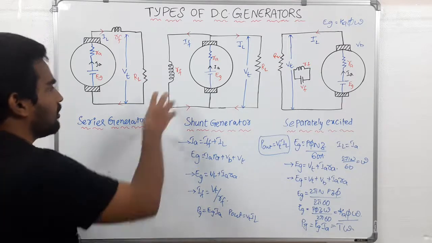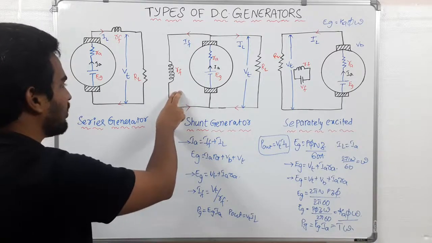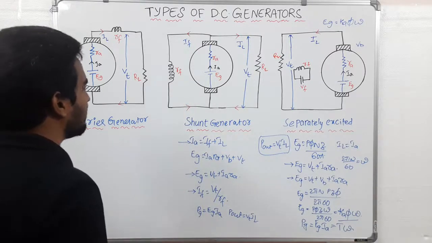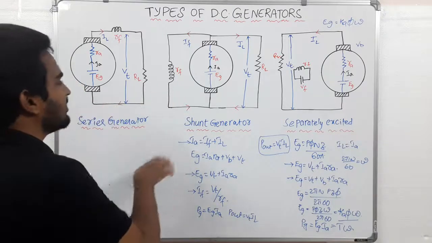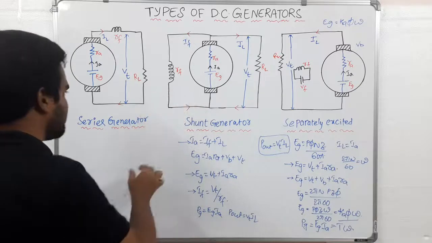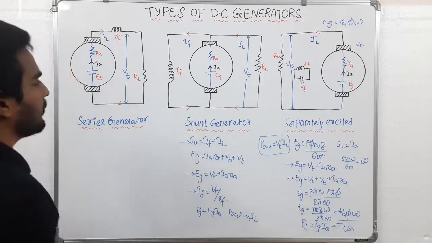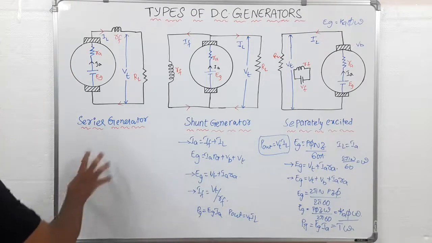It is designed with thin wire, and the length of the wire is more compared to the series generator, to maximize the efficiency of the shunt DC generator. Now let us come to the series generator.